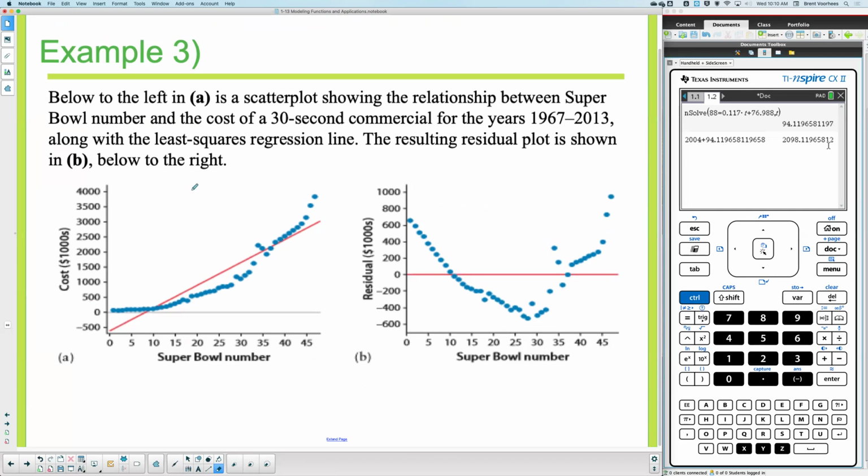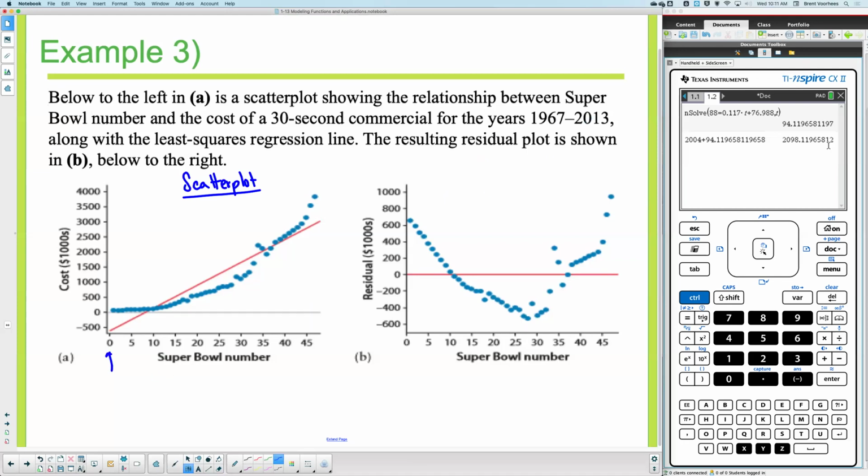Below to the left, we have a scatter plot. Just to make sure everybody's following, put scatter plot up at the top. Below to the left, we have a scatter plot showing the relationship between the Super Bowl number and the cost of a 30-second commercial for the years from 1967 to 2013.